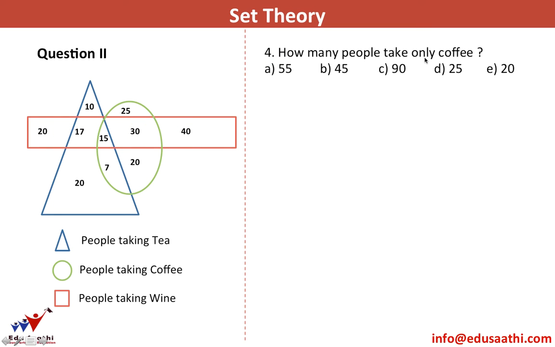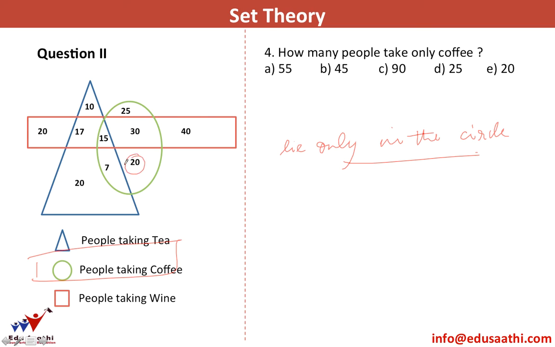How many people take only coffee? See, in the previous question it was mentioned wine, so I counted all of them. Now I need only coffee. It means that coffee is represented here by a circle. The numbers which lie only in the circle, and in no other figure.